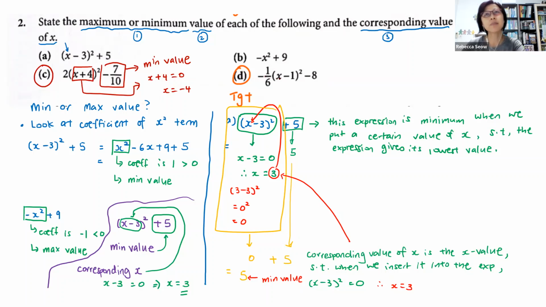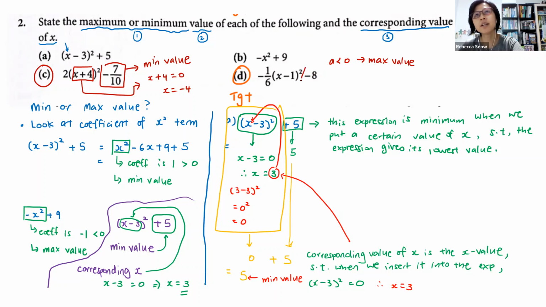When we multiply the expression out, when we expand it out, our value of x squared, the coefficient, is negative. This would give us a maximum value. Okay, in this case, a is negative, so we will have a maximum value. What is the maximum value?